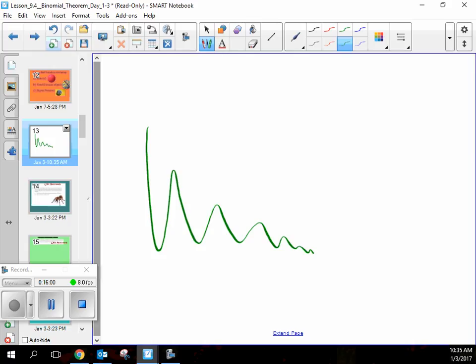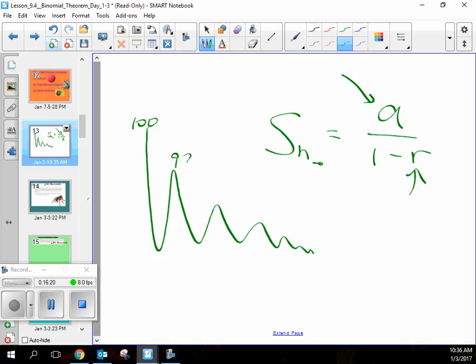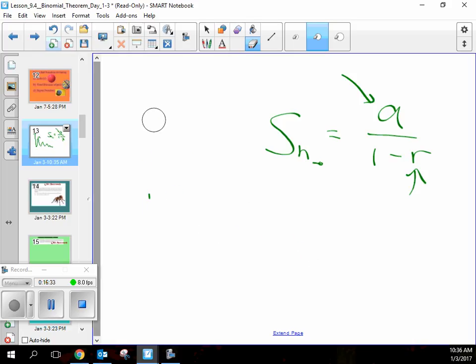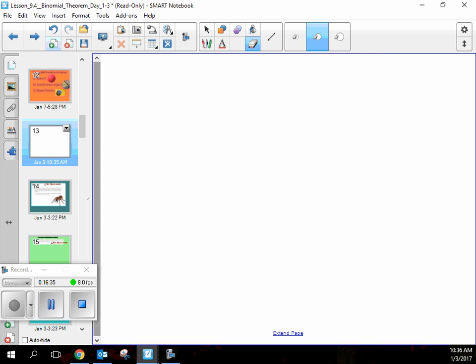That would be a geometric infinite series, so we use the sum of this infinite series, which would be a over 1 minus r, and all we need to know is the start, a, and then r, which was the bounce height. In our case, we started at 100 centimeters, and it went up to, I think your class was 92. Does that ring a bell? Or 88 or something like that? That depended on the kid. But we think the best ball in here was like 92. Anyway, that's just a quick reminder that that's something we did already. You're done, and you don't have to worry about that.